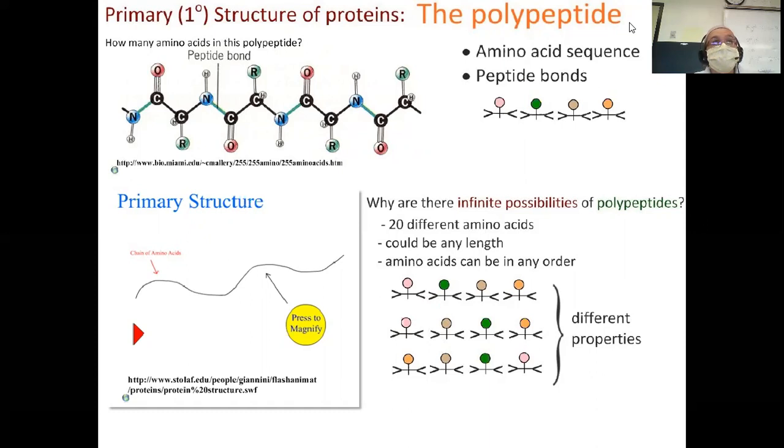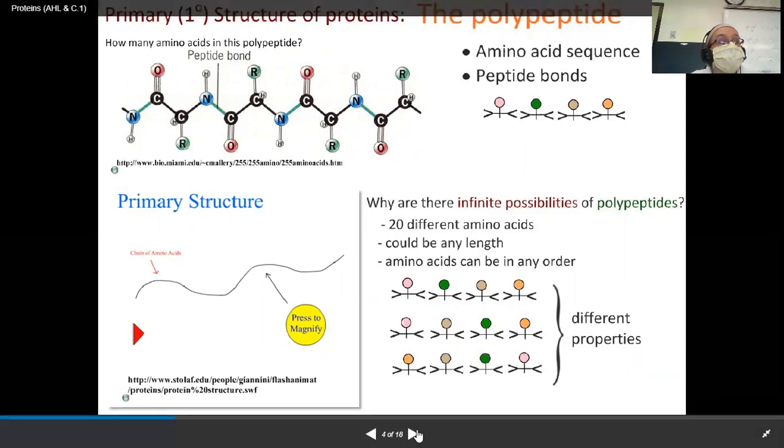Typically, an average protein might be in the 100 to 300 or 400 amino acids long range. But we do have one, our largest known protein, Titin, I believe, is in the thousands. So it just kind of depends on what that protein's function is.